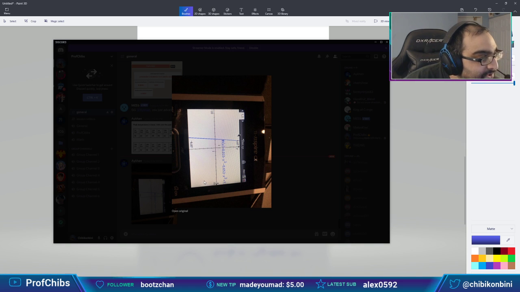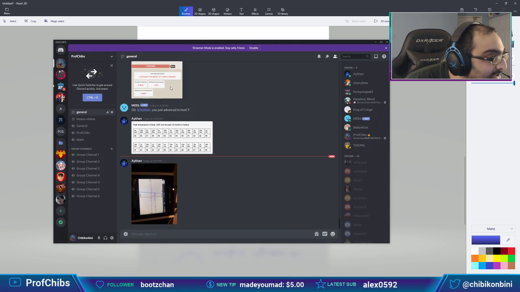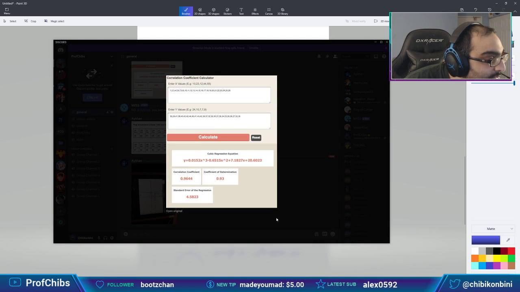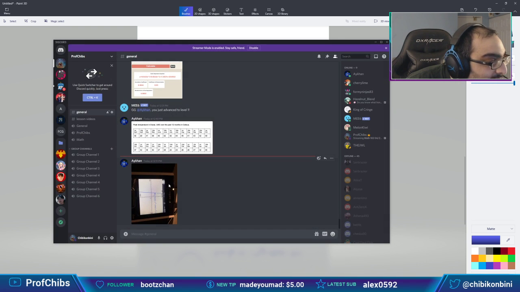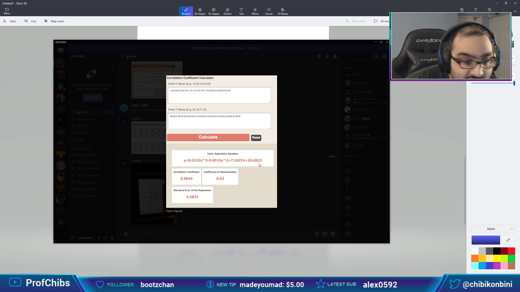Okay, so you need to zoom out a little bit, because yours is way too far zoomed in. I can see it, but make sure that it's correct there. 1152 minus 0.6515, where it's 7.18727, and then make sure you have the plus 20.6003.